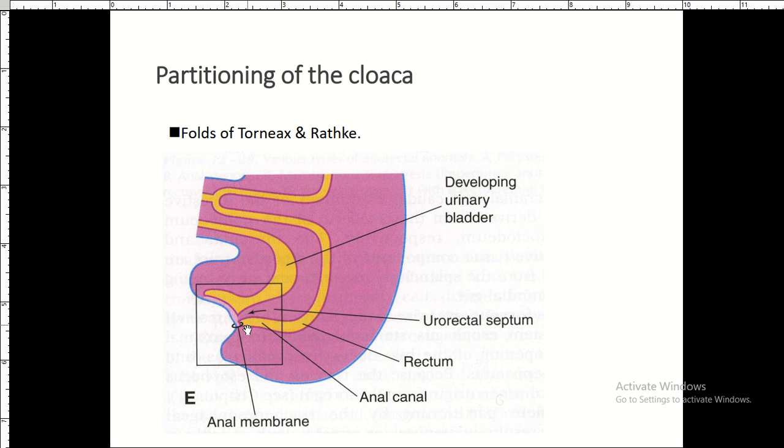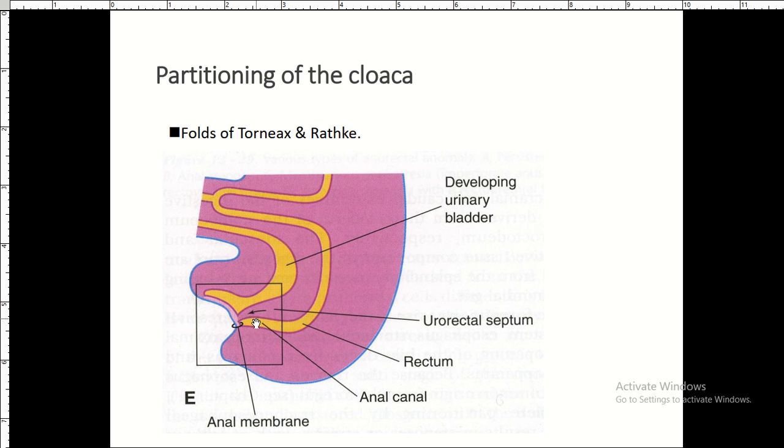So this pectinate line can also be called the white line. Good. So there's also a difference in blood supply of the upper 2/3 of the anal canal and the lower 1/3 of the anal canal.